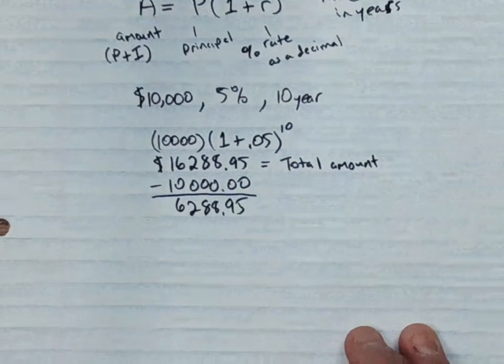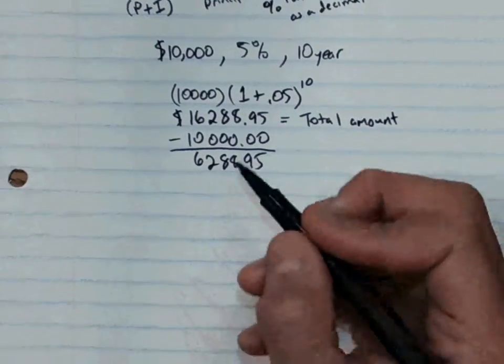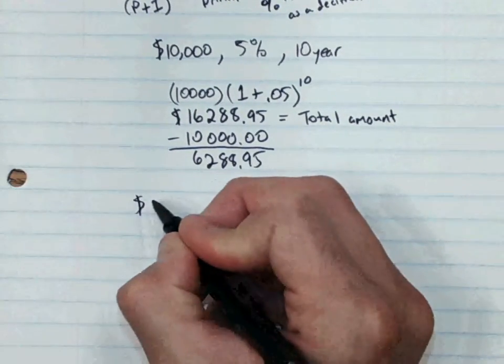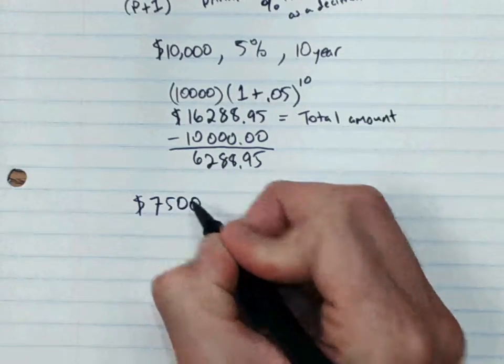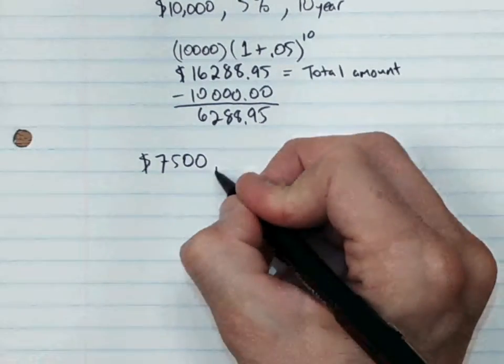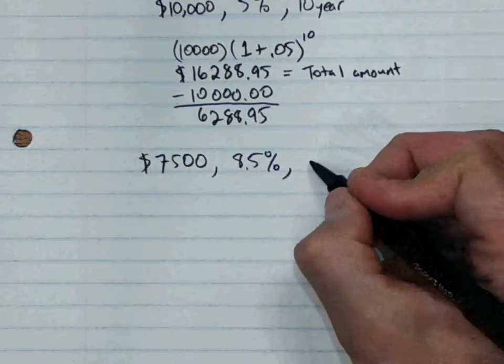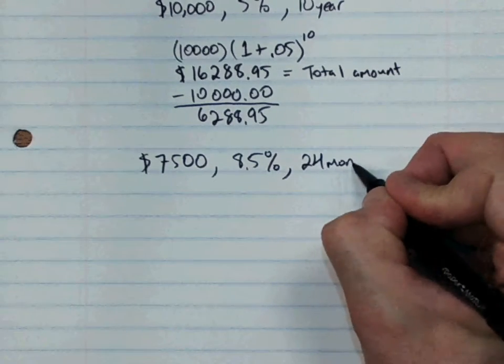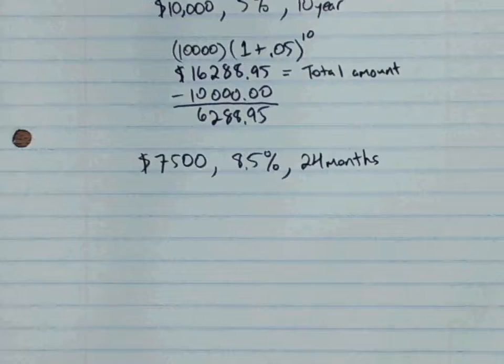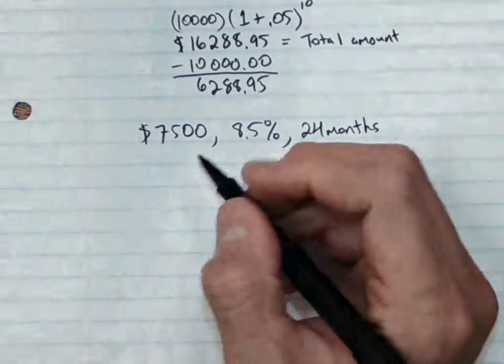Okay, let's do another example. Let's do a loan of $7,500, an 8.5% rate, and 24 months. Let's put them in our formula.